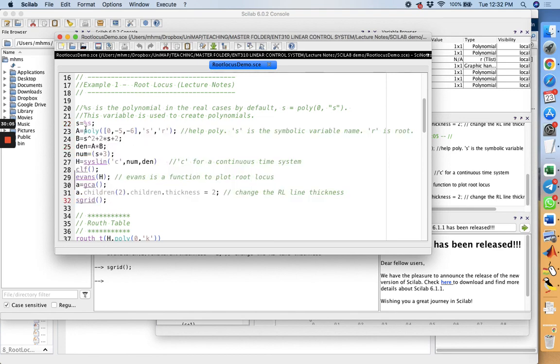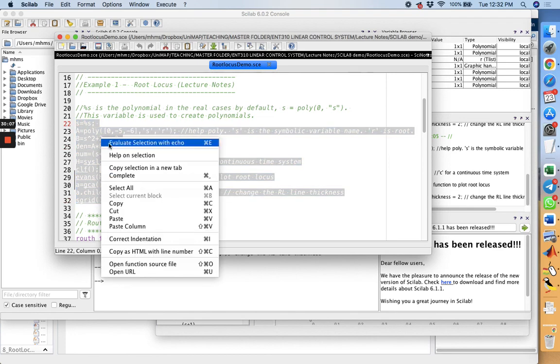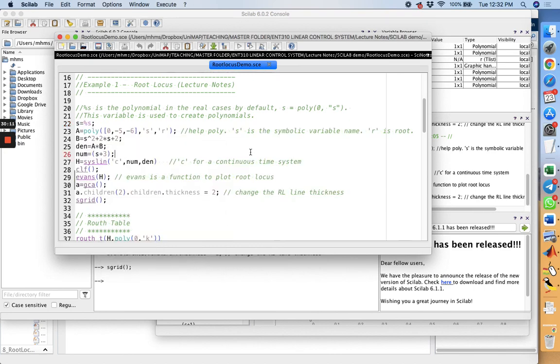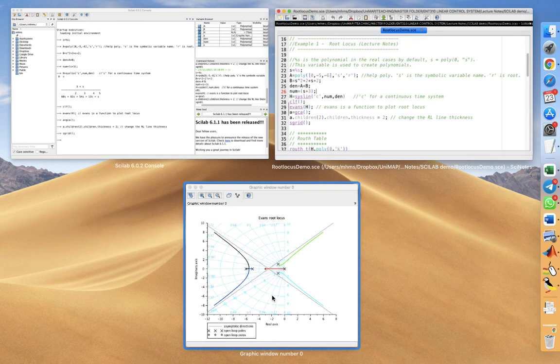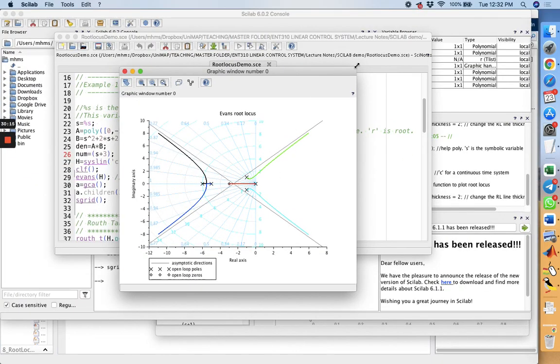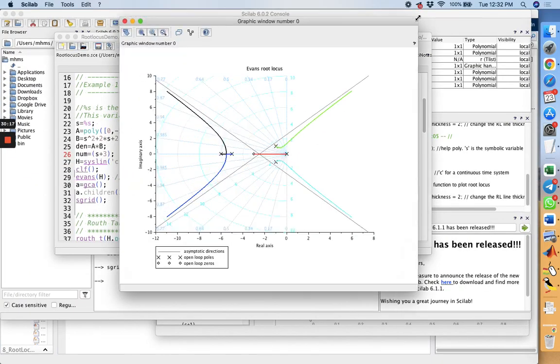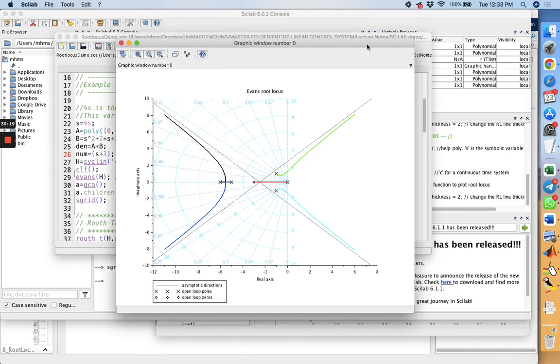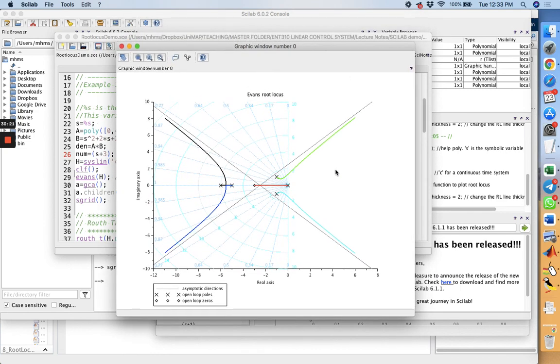So what I do is I just run this first example here. I right click, evaluate selection, and then we get this plot here. This is the root locus drawn by using Scilab. The extra feature of Scilab is we can see the asymptotes.